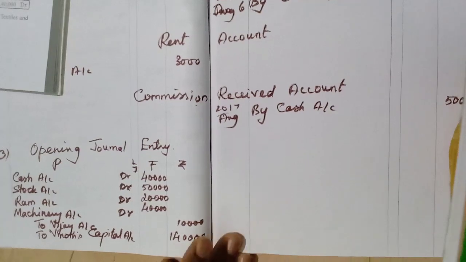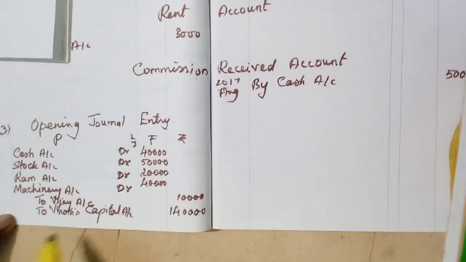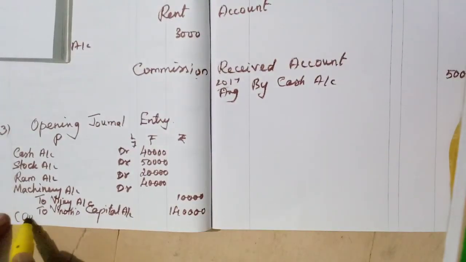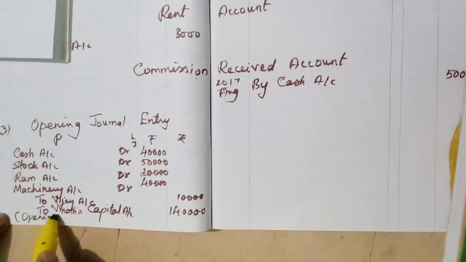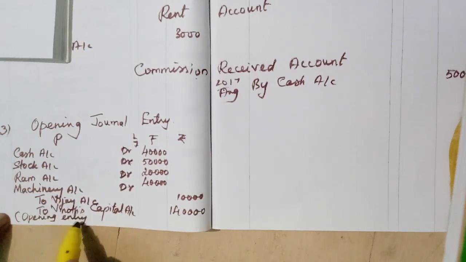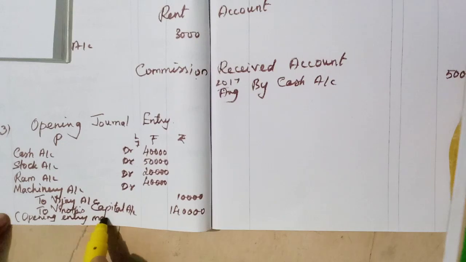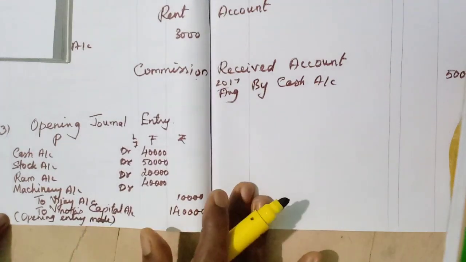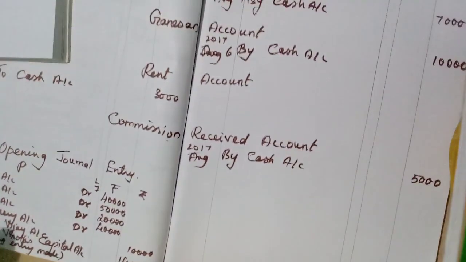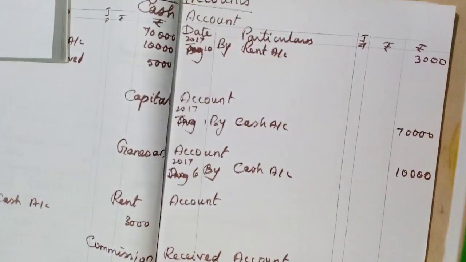Okay. Now you have to write the narration. Opening journal entry made, or opening entry made. Now post them to Vinod's capital account. So only capital account we have to prepare.